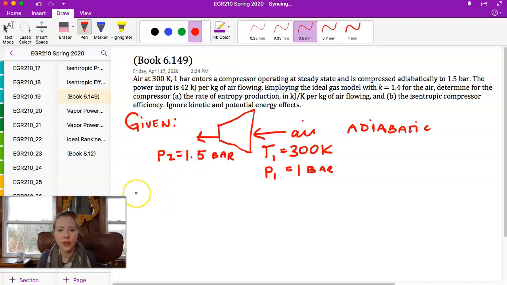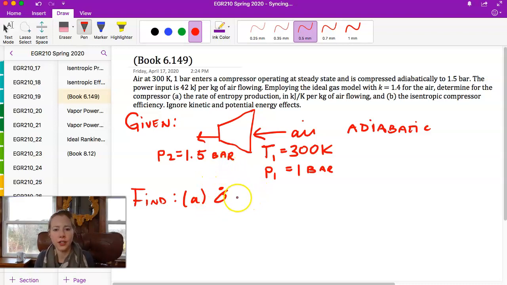So we're tasked with finding the rate of entropy production and also the isentropic compressor efficiency, eta C.